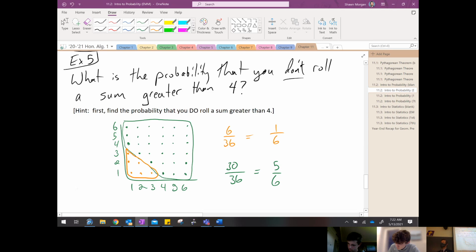So the idea is to figure out, based on what the problem is asking, which set is easier to count. It's much easier to count the orange one, okay? And in fact, that's what they were asking us for here. But what if I changed the question up just a little bit?